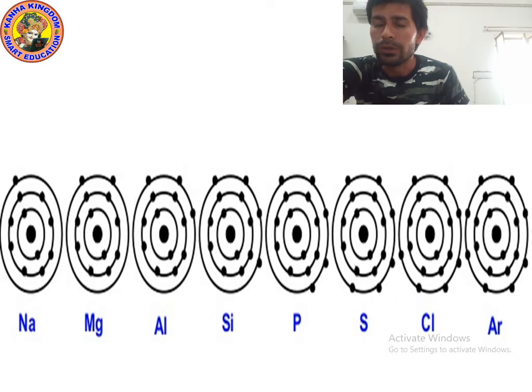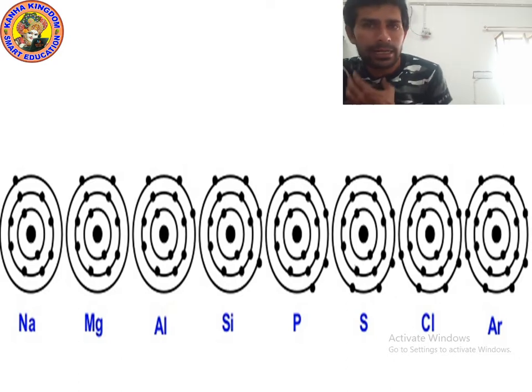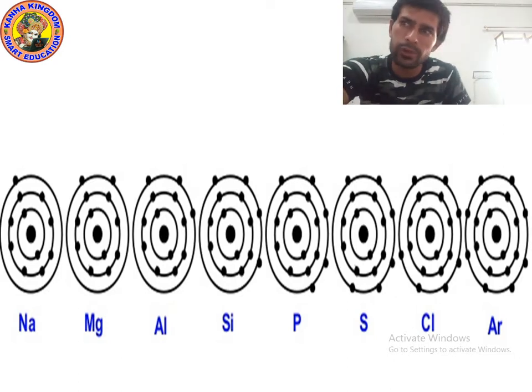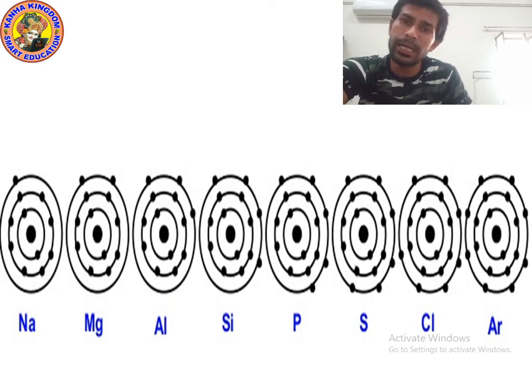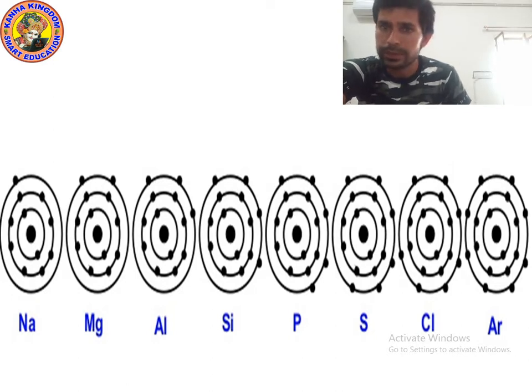So 18 minus 2, 16. Now in second circle we can fill 8 electrons, 16 minus 8. Now 8 electrons are remaining. So we will make third shell. In third shell we can also fill 8 electron. So we will make 8 black dot in third shell.